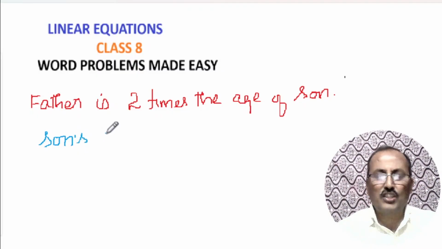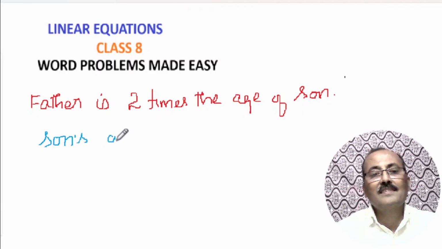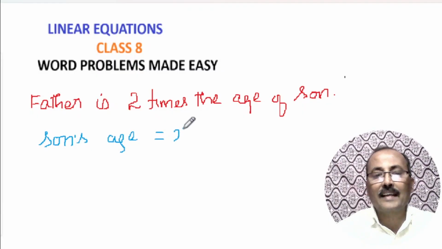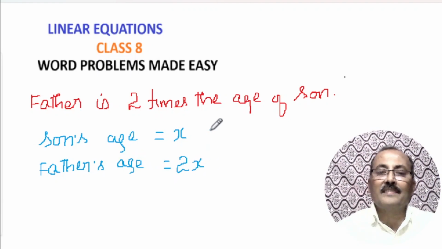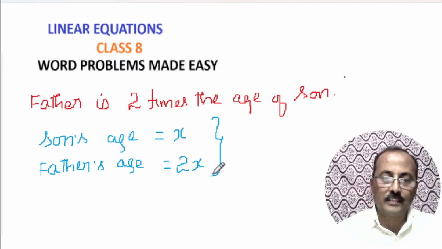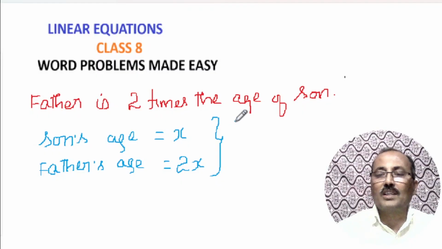Naturally, the father's age will be more than the son's age. Son's age is equal to x, then father's age is equal to 2 times x. That's all we can understand from this statement. This statement gives this much only. Now, is it possible to do anything more with this question? No, that's all.